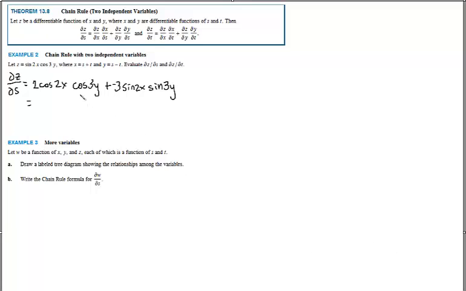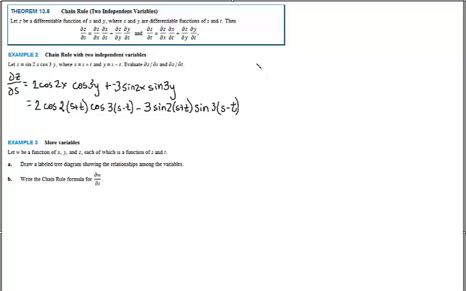If I would like to put this in terms of s and t, I would rewrite as 2 cosine of 2 times s plus t, and just replace these x and y's with their respective equations. I'll write that down.